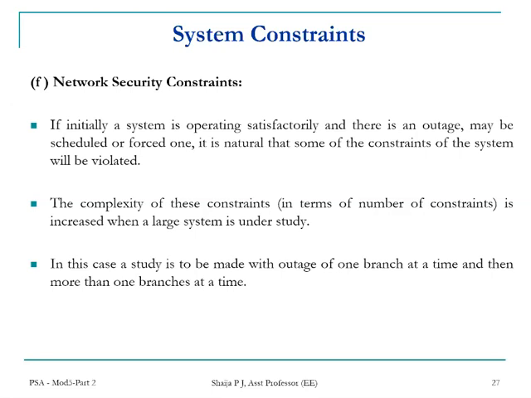If a single branch is out, how does it affect the other constraints, and whether it violates the limits, is known as the network security constraints.